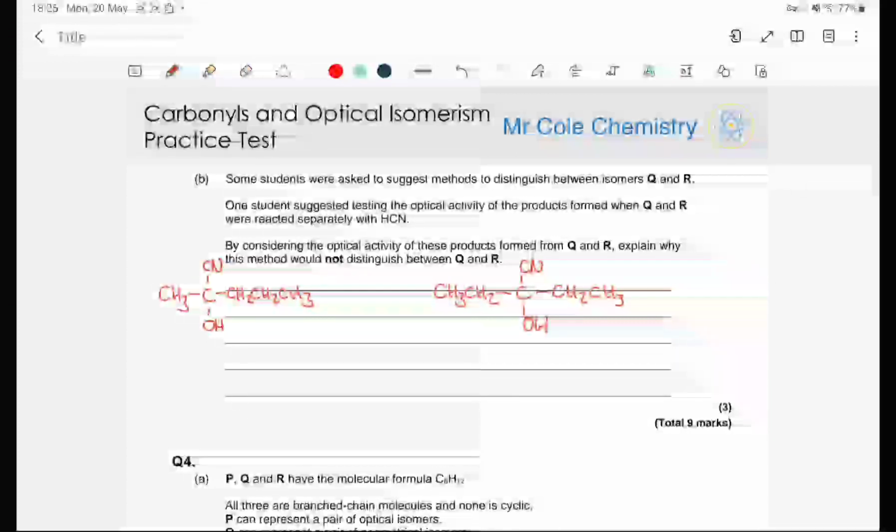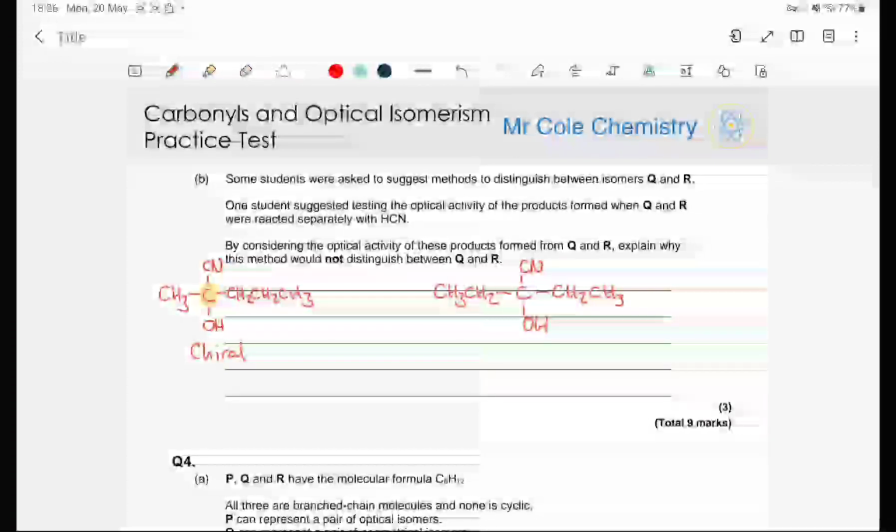So the product from Q does. Carbon number 2 here has 4 different groups. CN is unique, CH3 is unique, OH is unique, and CH2, CH2, CH3 is unique. So that is containing a chiral center.